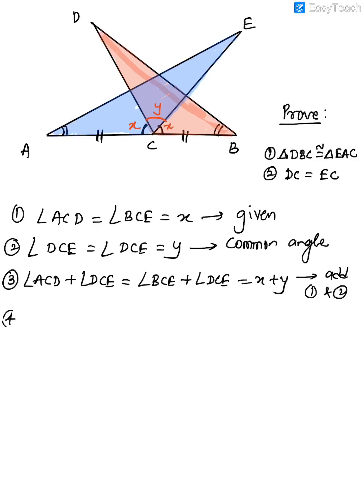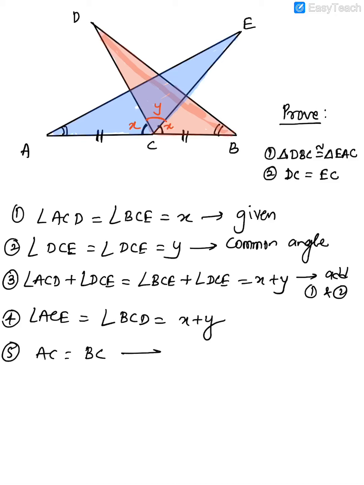Now the sum of ACD and DCE will be angle ACE, and angle BCD, which is equal to x plus y. That's what you get on adding them. So now we've got that. Then AC is equal to BC, given.